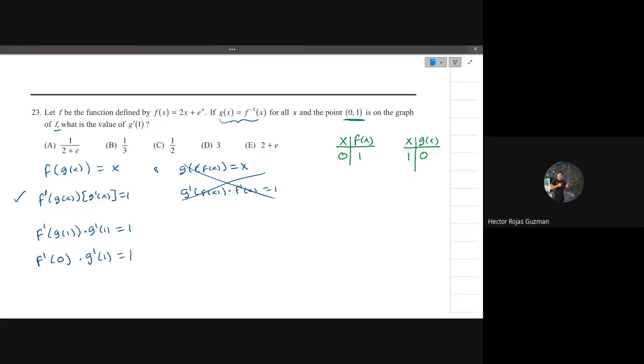Well, we don't have that information, so we're going to have to go get it. The derivative of f is 2 plus e to the x, and the derivative at 0 is 2 plus e to the 0, which is 3. So this tells me that the derivative of g at x equals 1 is 1/3.